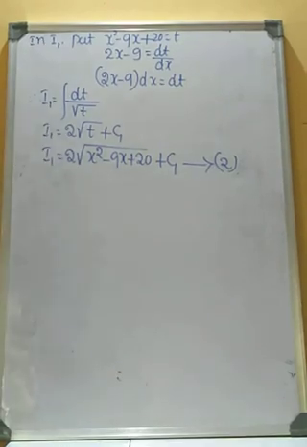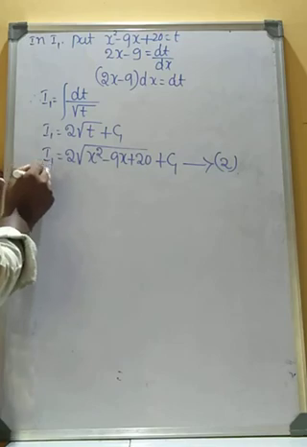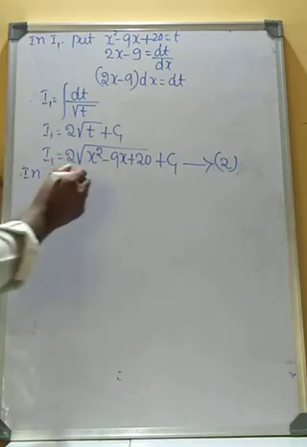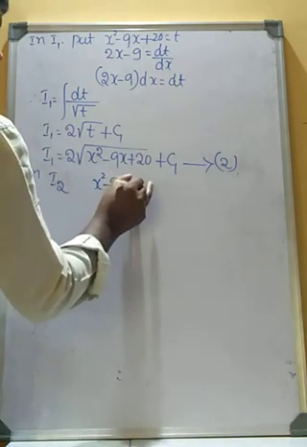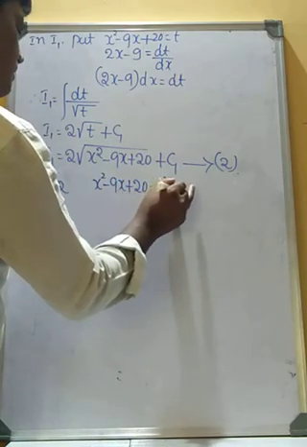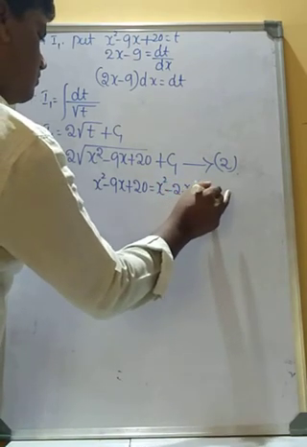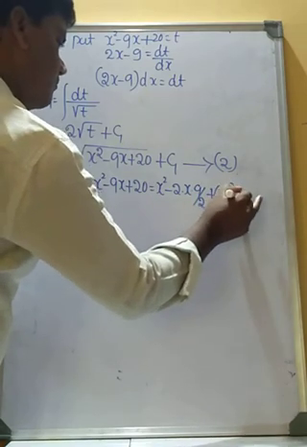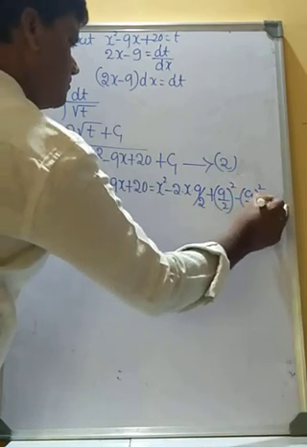And in I2, x square minus 9x plus 20 is equal to x square minus 2 into x into 9 by 2 plus 9 by 2 whole square, minus 9 by 2 whole square, plus 20.